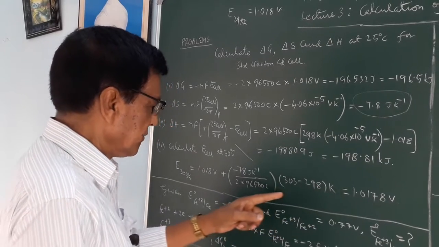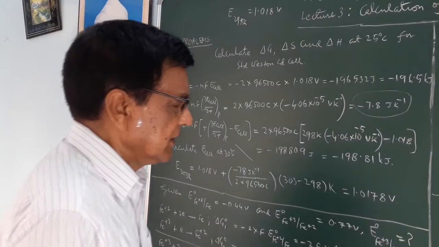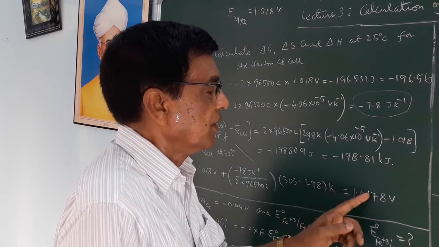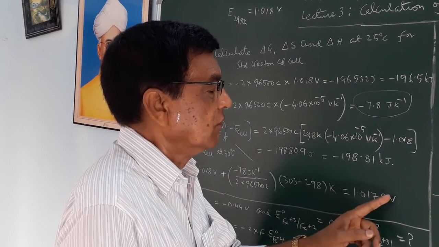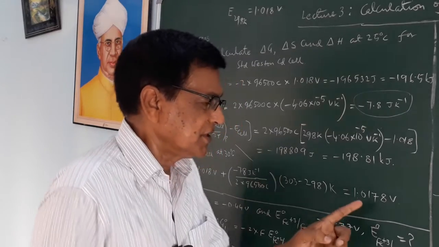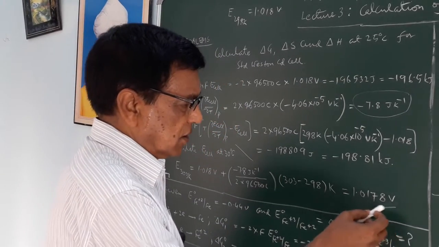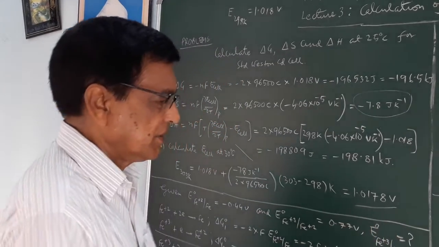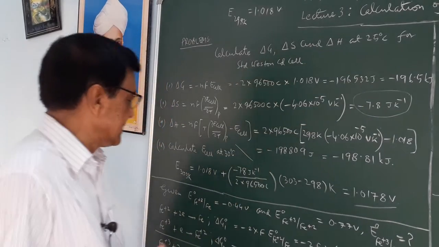The calculation gives 1.0178 volt, meaning that with the rise in temperature, the potential of this standard cell is a little bit less.